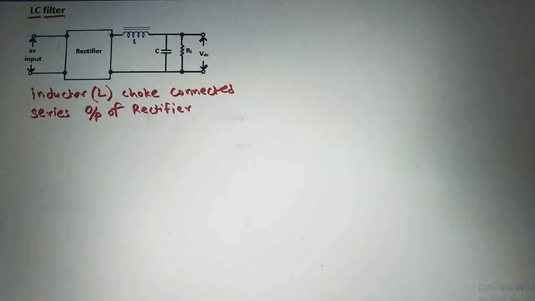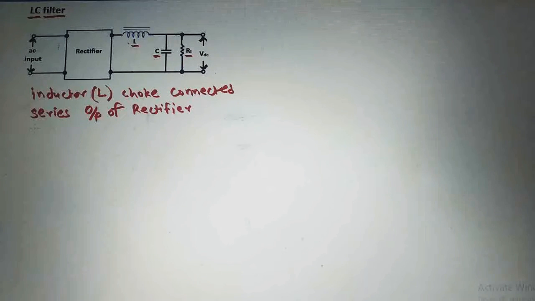Choke L or inductor L is connected in series with output of rectifier. See here, this is inductor L, and this inductor L is connected in series with the output of rectifier, and this capacitor C is connected across this load RL.